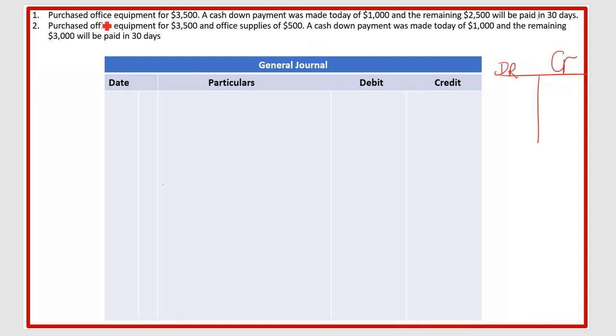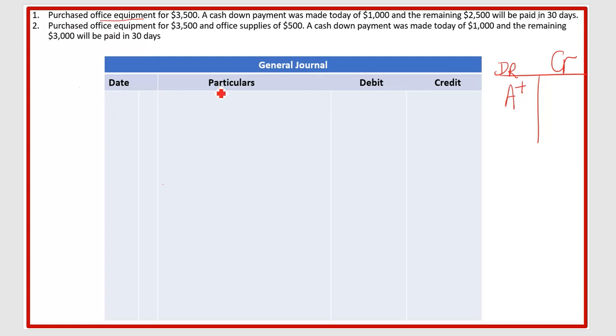So here we have purchased office equipment, and office equipment is an asset, right? The normal balance of assets is a debit. It means assets increase on the debit side. Here we are going to purchase the office equipment. It means our office equipment is increased, so we have to write it down on the debit side.